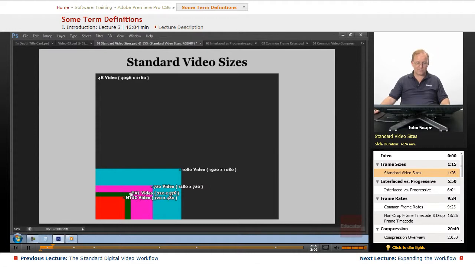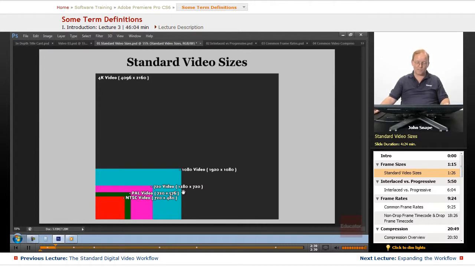These two, NTSC and PAL video, are both standard definition. NTSC is National Television Standards Committee, and PAL is Phase Alternating Line. So these two are on DVDs and on broadcast television, and VHS is even smaller than these, but these are two standard definition video sizes.